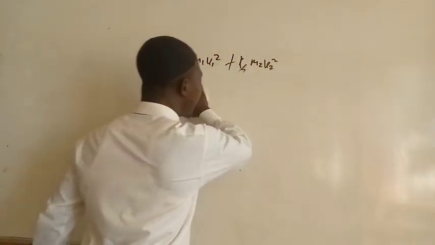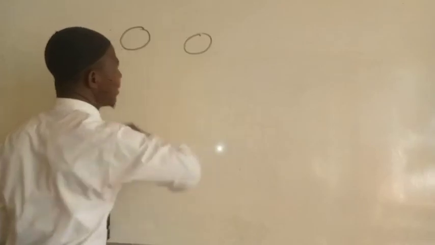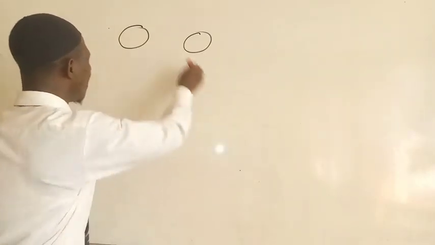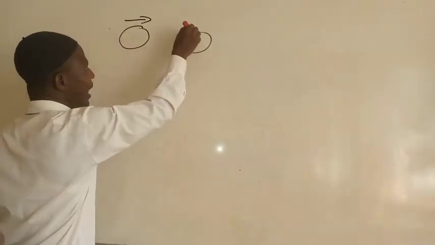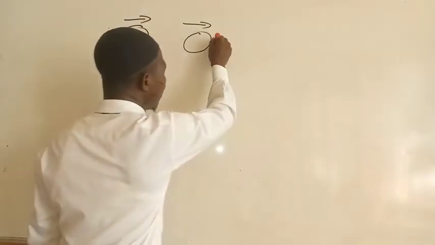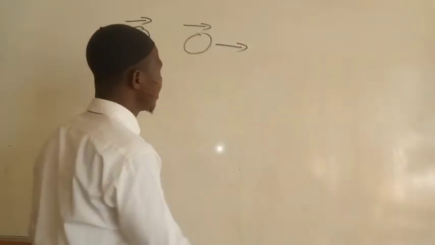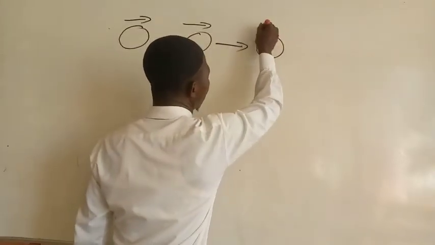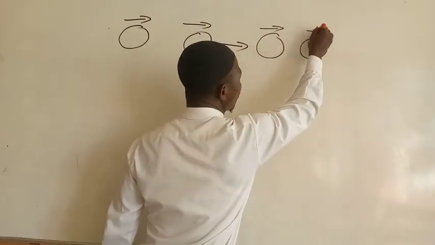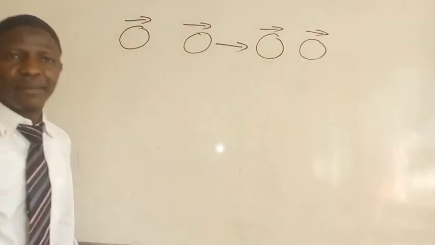Now, let's start. Let's say we have a body A, then we have this one before collision. We are going to use arrows to indicate the direction. If this one is going like this, and this one also is going like this, and after collision this one is also in this direction, and the second one also in this direction, what would be the equation?